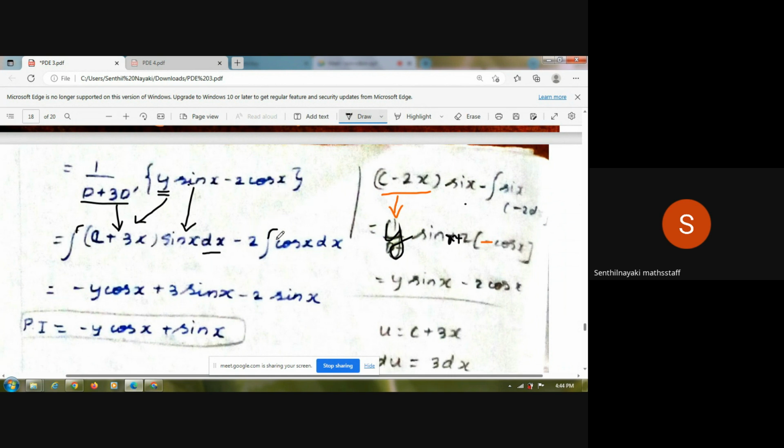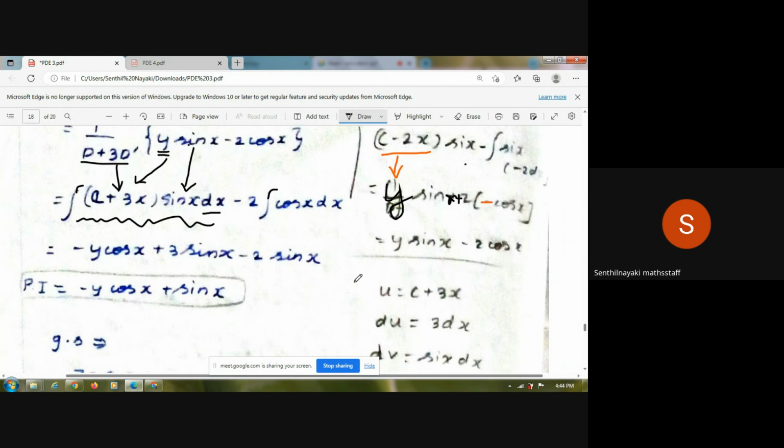Therefore, the integral sign exists for both terms. Now again we have to use integration by parts for the first integral. For the second integral we can directly integrate. Integration of cos x is sin x, therefore minus 2 sin x.